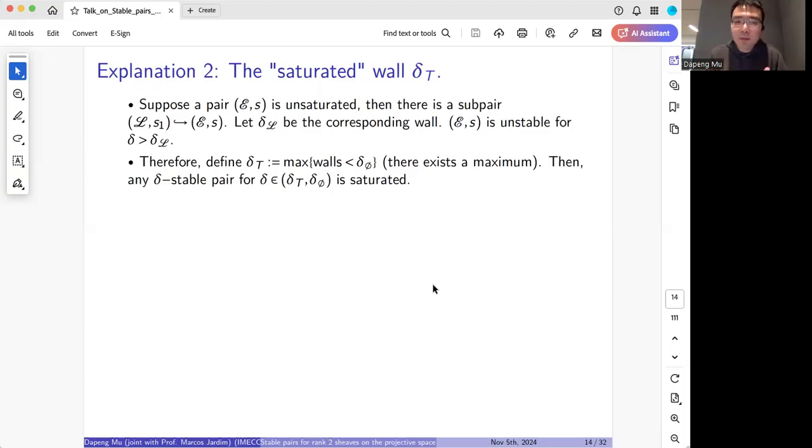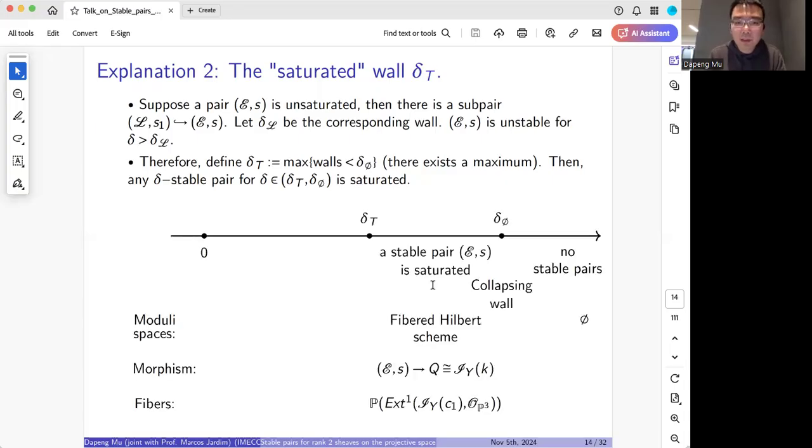There was a theorem in the closed paper that I mentioned in the beginning, so there exists a maximum wall, and it makes sense to define the maximum. Let delta T be the second largest wall, the one smaller than this collapsing wall. Then any delta stable pair for delta lying in this chamber from delta T to delta empty set will be saturated.